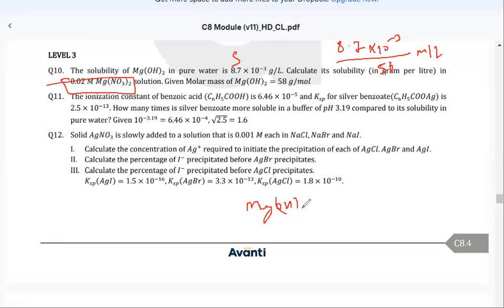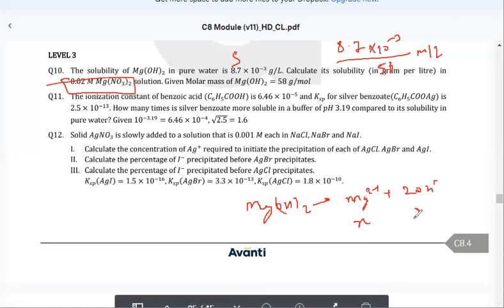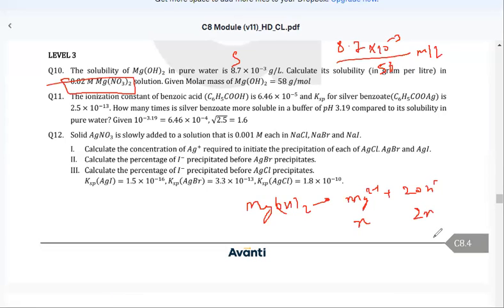Now, Mg(OH)2 will give what? Mg 2 plus and 2 OH minus. So if it is X, sorry, wait, it is 1 Mg, my bad. If this is X, this will be 2X. Initially it is said that X is given, so the concentration of Mg2 plus is 8.7 divided by 58, into 10 to the minus 3.